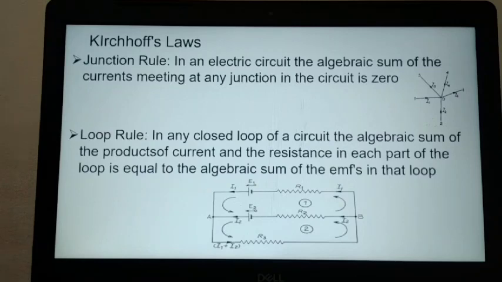In the first loop, the curved arrow marks show the anti-clockwise direction, which means you are moving in that loop anti-clockwise. Suppose you are starting from B. From B to the upper corner, no resistance is connected.